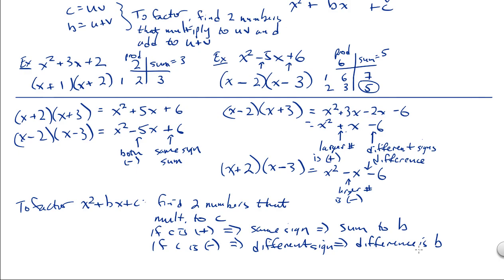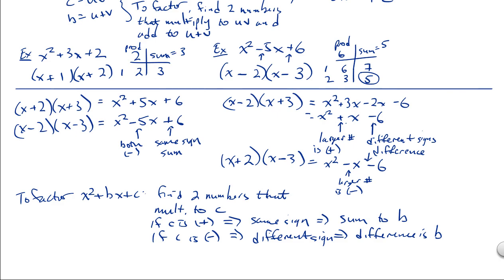is b. I'm showing you this way because otherwise you'd have to check all the possible sign combinations of your numbers, and really you don't have to worry about the signs. All that's important is whether they're the same sign or the different sign, and you can determine what those signs are later after you figured out the two numbers. B will tell you what the sign is.